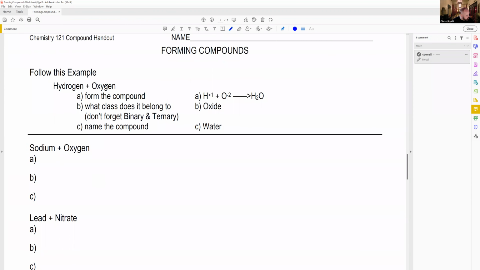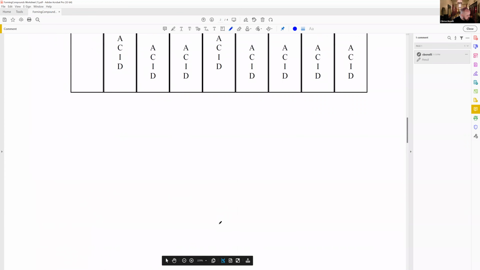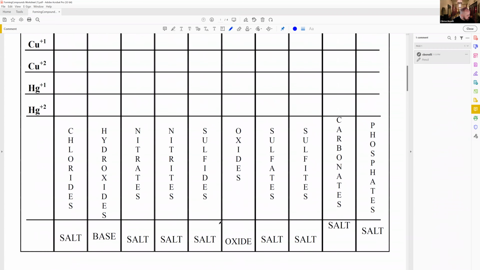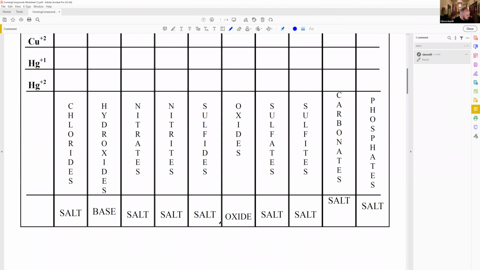Okay, so here we have an example at the front of hydrogen and oxygen, which we've been working with all this time. Now, actually, I'm going to go back to the previous page. I don't know if hydrogen is on one of the examples on here. It's not, but that's okay.